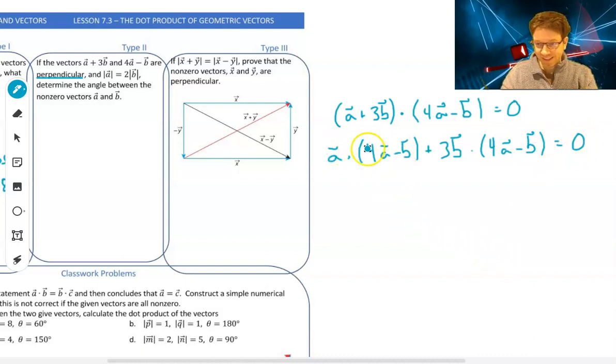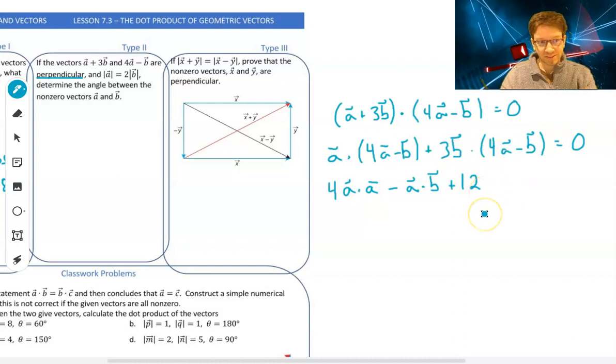Okay, now let's do these separately. Again, we're distributing again. Here we're going to have 4a dot a minus, that's a b, it's a b vector, minus the vector a dot b plus 3 times 4 is 12, and we have the vector b dot a, but I'm going to write it as a dot b.